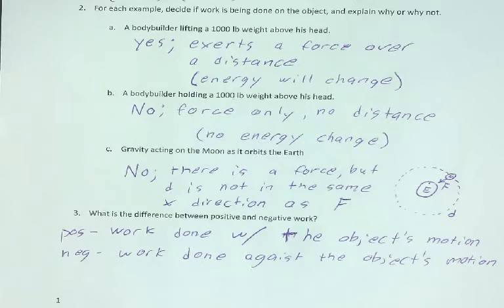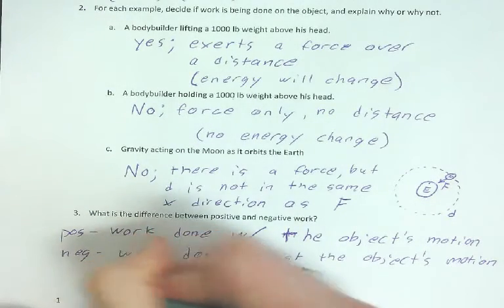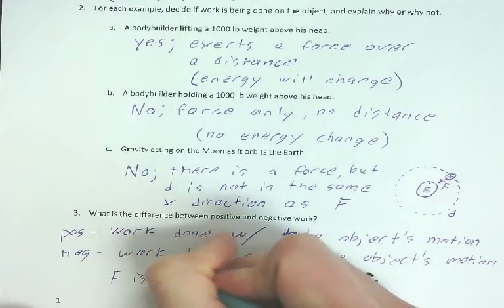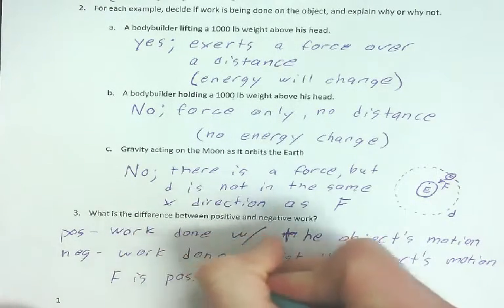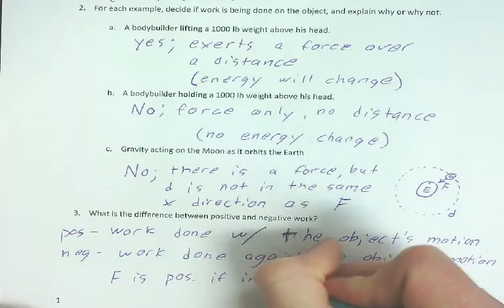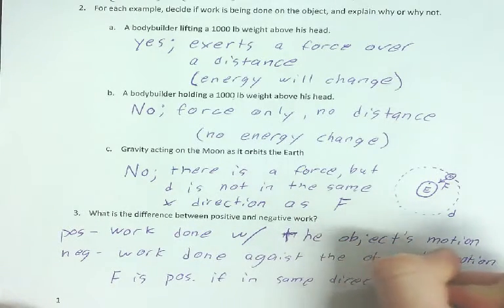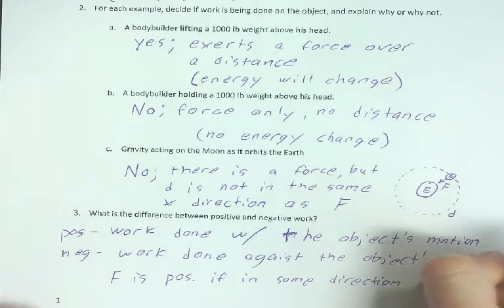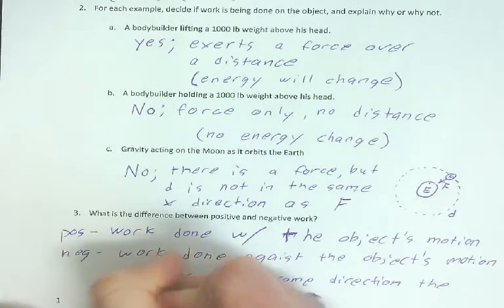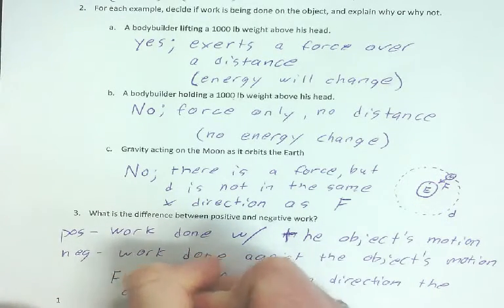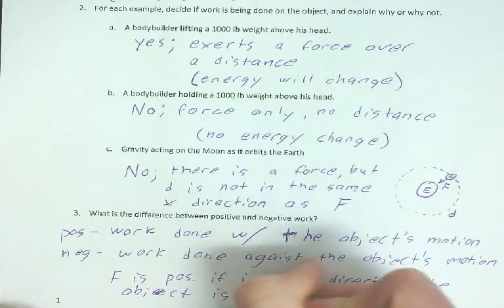So, when we're talking about directions, we're always talking about the direction of motion. So, F is positive if in the same direction the object is moving.